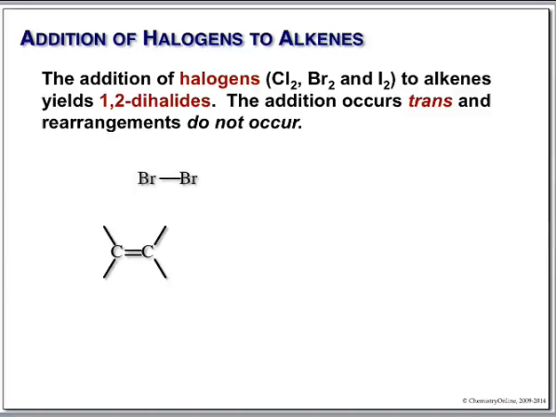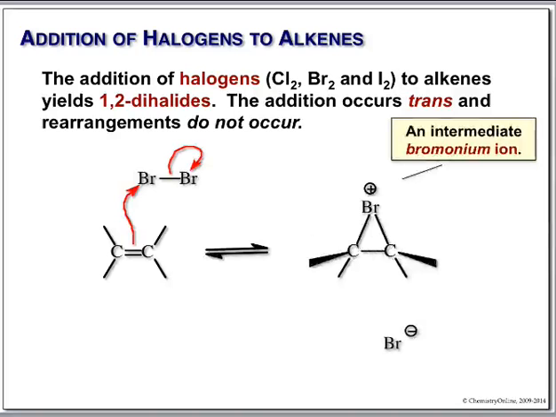Now what's happening here is a 2-step reaction involving an intermediate. We know this pi cloud has lots of electrons, doesn't it? These electrons are going to attack, in this case, bromine, Br2.